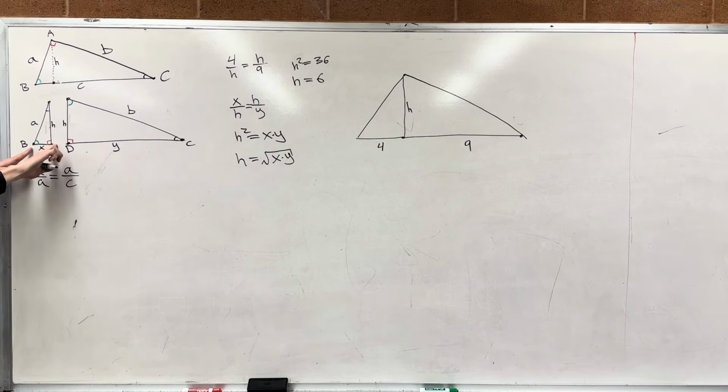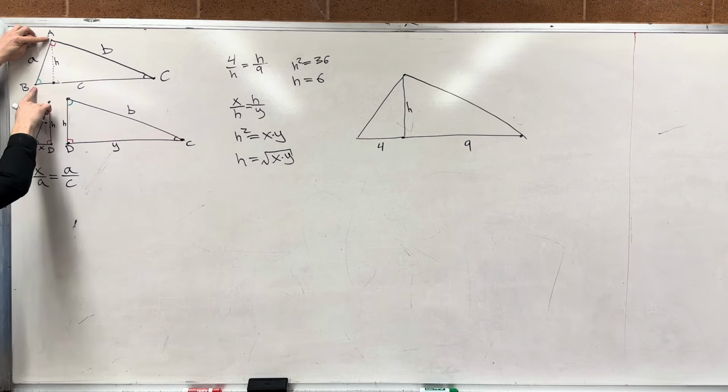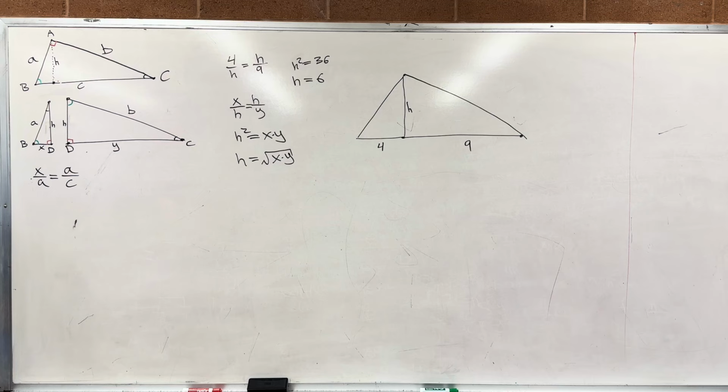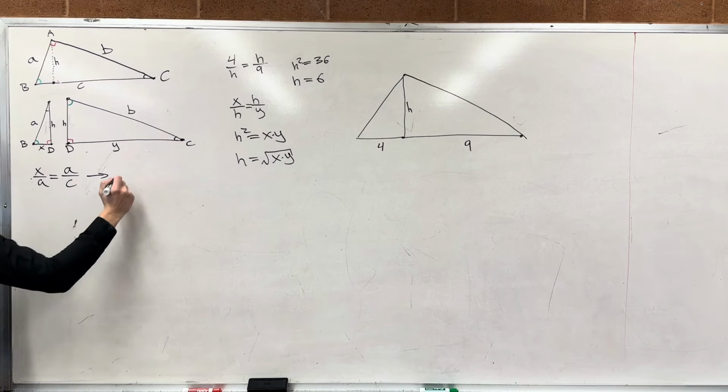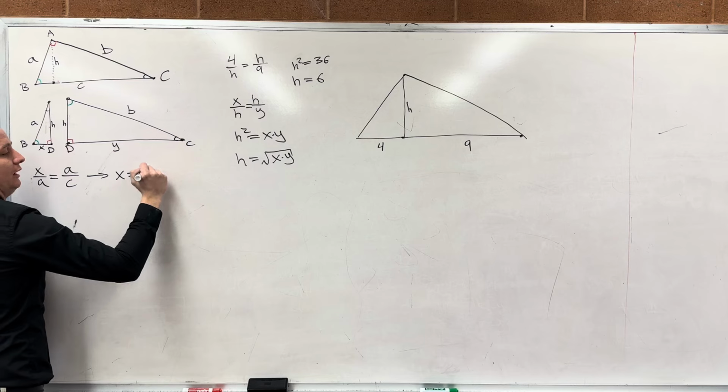The smallest side of this triangle divided by the biggest side of this triangle is equal to the smallest side of this triangle divided by the biggest side of that triangle because they're similar triangles. You with me? Now, just doing the algebra from this, multiply both sides by a, and I get x is equal to a squared over c.